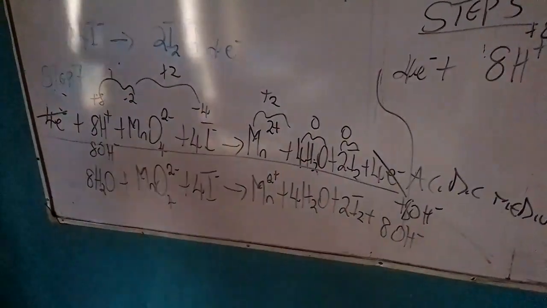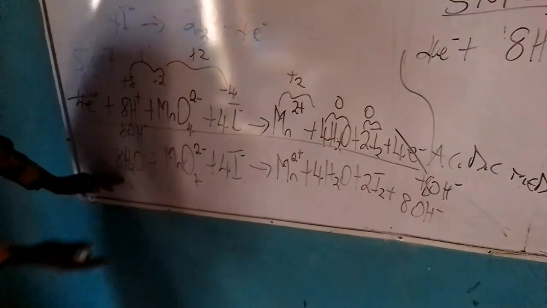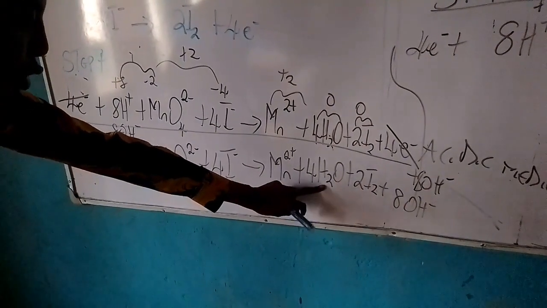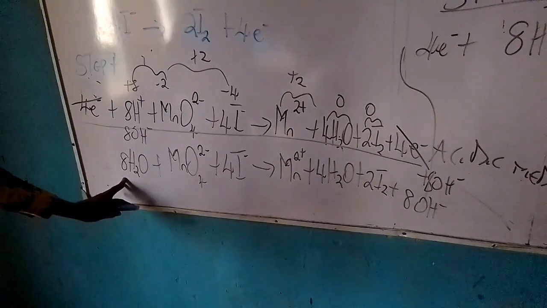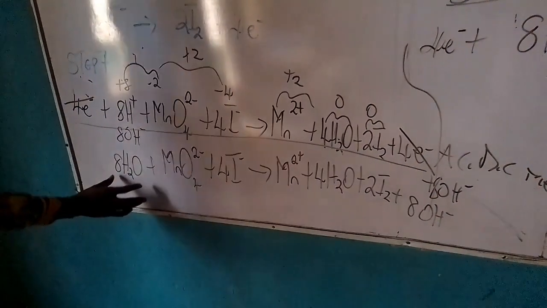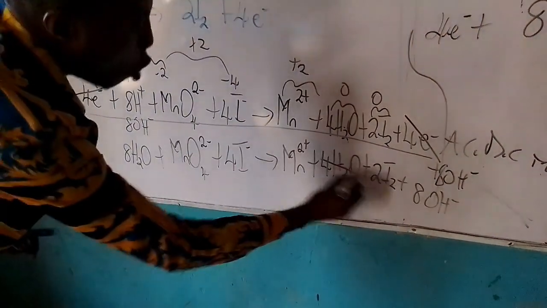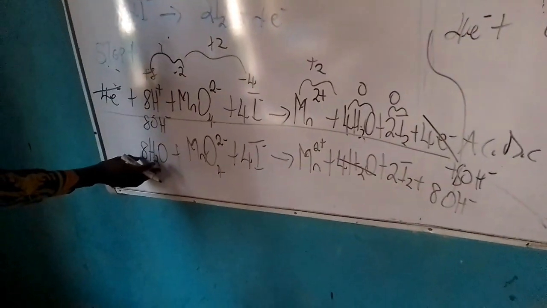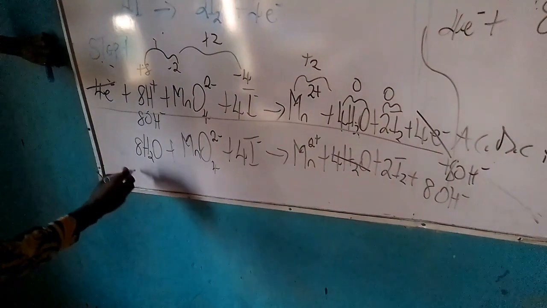Now remember, how many waters did you see here? 4 moles of water. So we are going to subtract these 4 moles from this particular side. If we subtract, this one will go. How many is remaining here? 4. So we write this here.